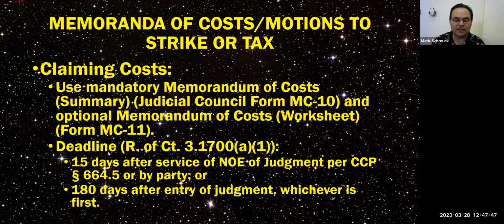So it's really important to, I think, really set it out clearly. Now, the failure to timely file a Memorandum of Costs waives the entitlement to costs, although that time is not jurisdictional and relief may be had pursuant to CCP Section 473(b).